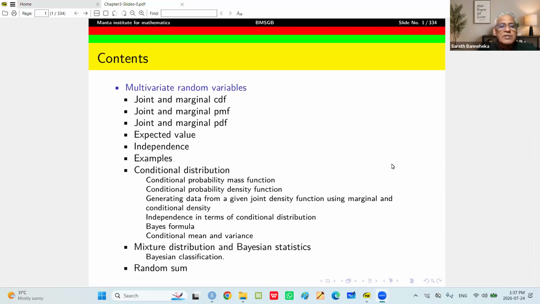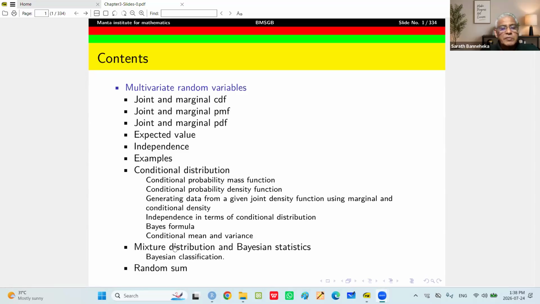We have already discussed several topics, including joint and marginal CDF, PDF, and PMF, expected value, independence, and conditional distribution. We have already finished those parts.